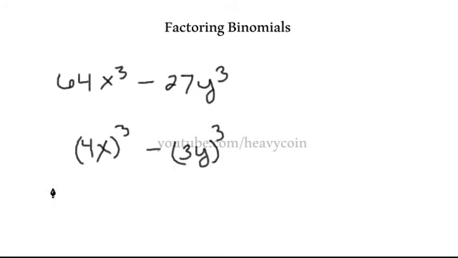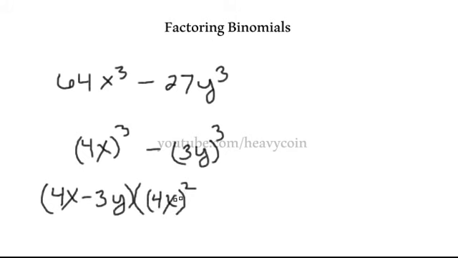Okay, so we would say 4x minus 3y, put that in parentheses. Now on this part here, it's going to be this guy here squared, so that would be 4x quantity squared.